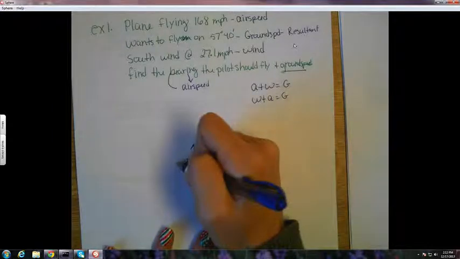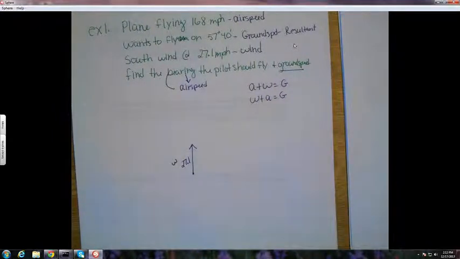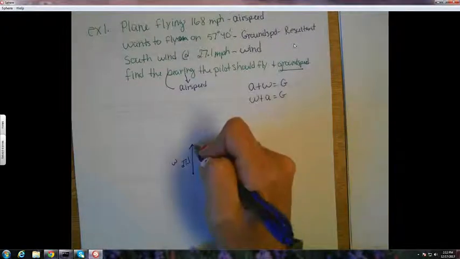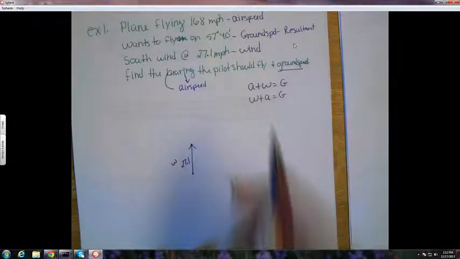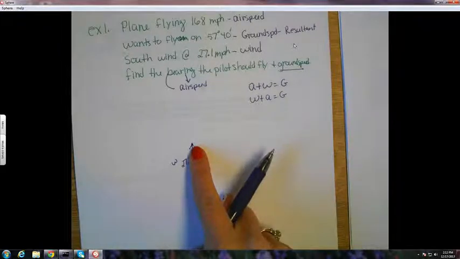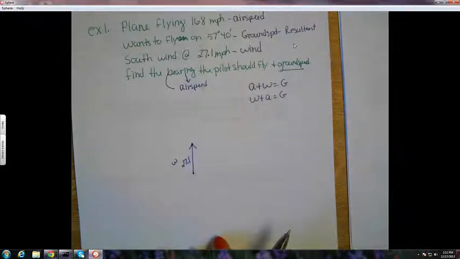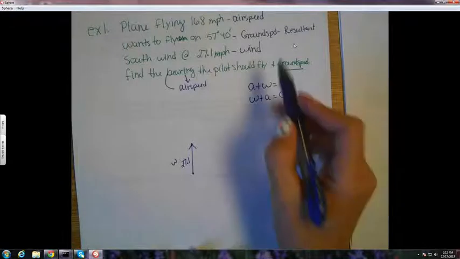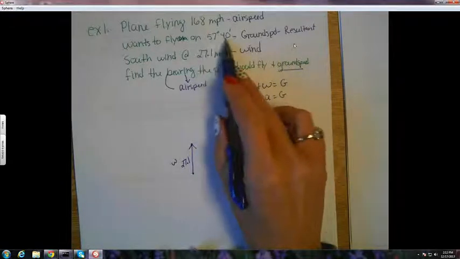Where would the airspeed vector get attached to this if I'm going wind plus airspeed? At the arrowhead. But again, do I know what direction to draw that thing in? Clueless. I cannot draw that vector in right now. What else do I know about this problem? I know the resultant, what direction that's going in.